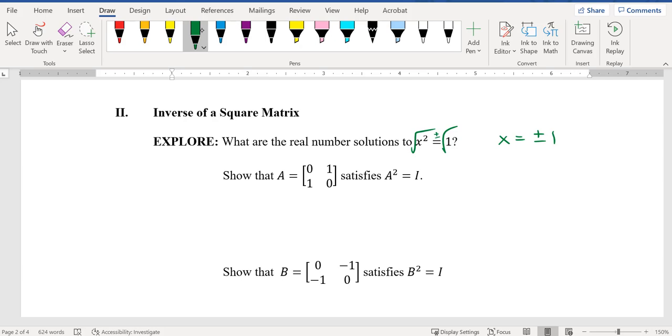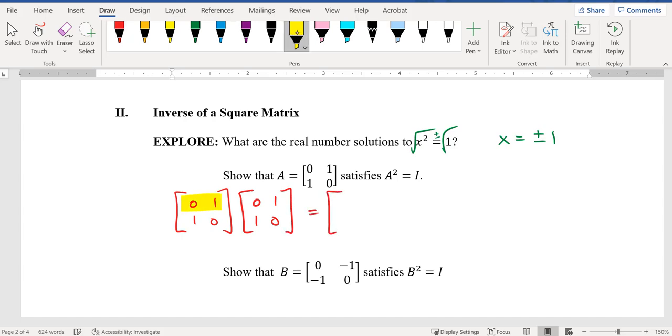Okay, for a matrix, let's show that if we have the matrix 0, 1, 1, 0, and we square it, we get the identity matrix. So we want to multiply 0, 1, 1, 0 times 0, 1, 1, 0. Doing that matrix multiplication, row times column, I would get 0 plus 1. Then row times column, I would get 0 plus 0.